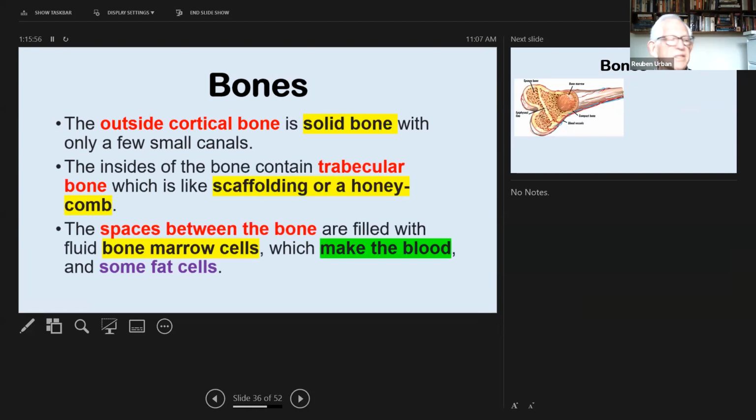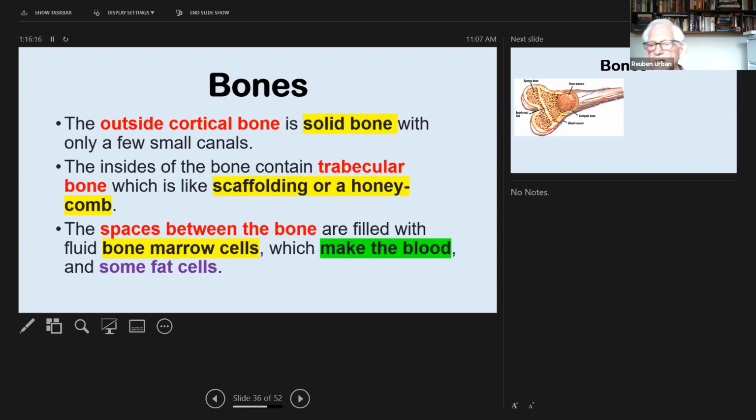It's got spaces in it, and the spaces are filled with fluid, which is bone marrow cells. These bone marrow cells make the blood, and there are also fat cells there.